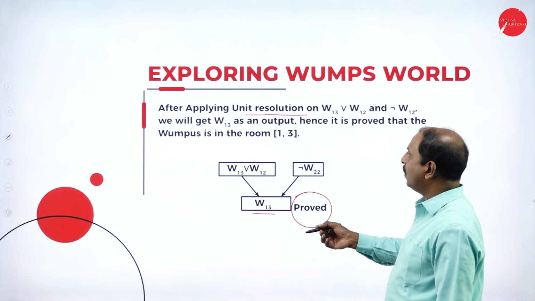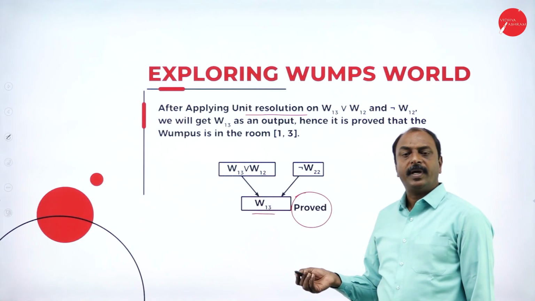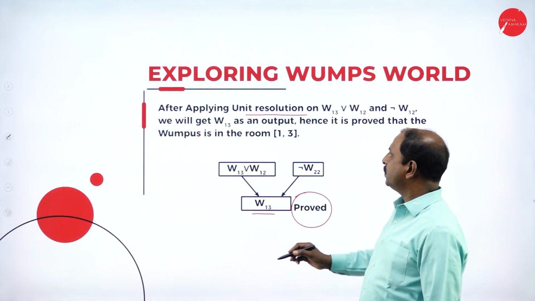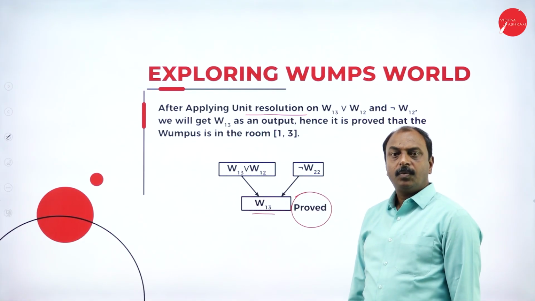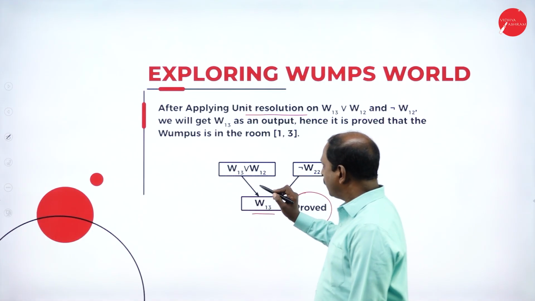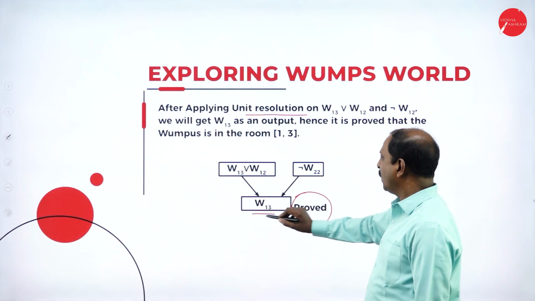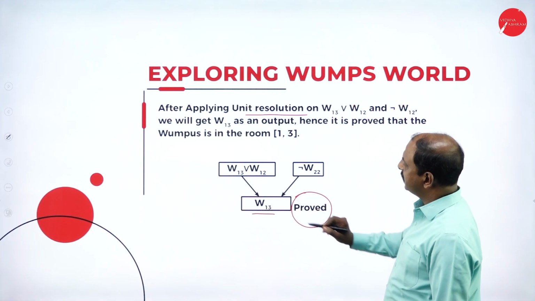So this is how we are exploring the Wumpus world, and we are proving it by applying modus ponens rules and unit resolutions. So based on this concept, we have proved that the Wumpus will be there in location 1,3. That is the place.